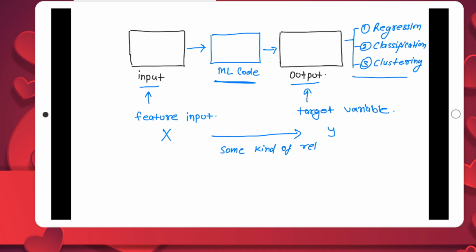And once the model is trained, that means this relation is established, then we are able to give some input in the form of a feature input, and finally predict the output.